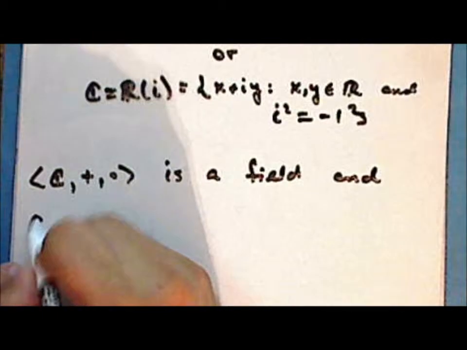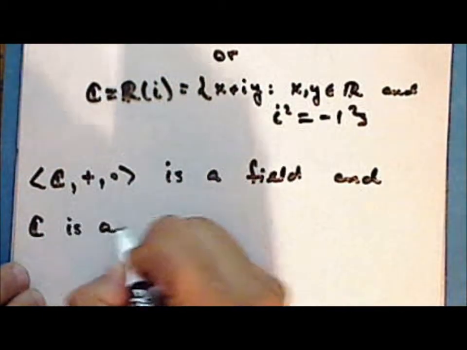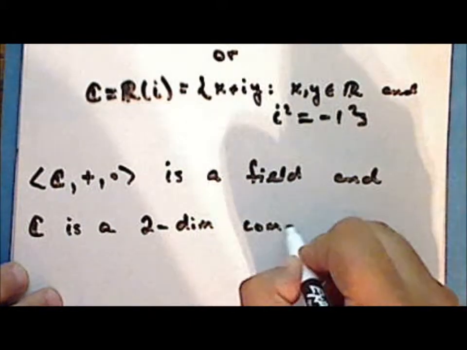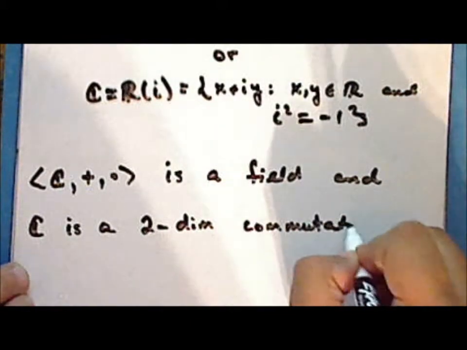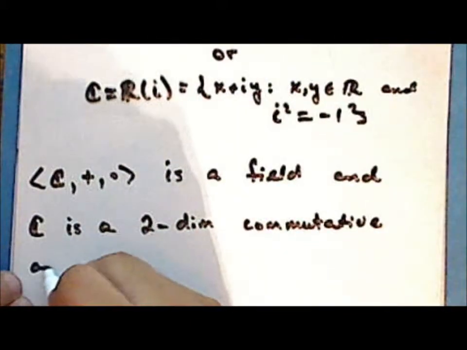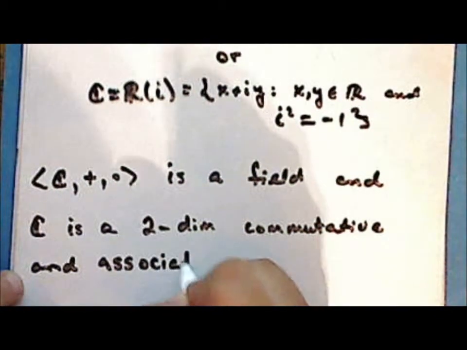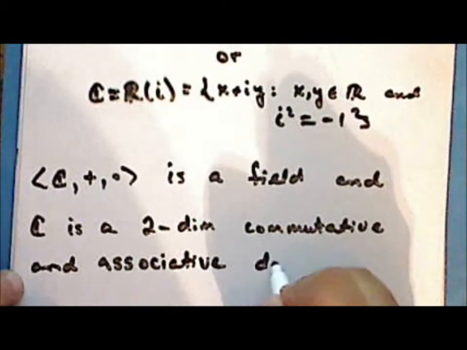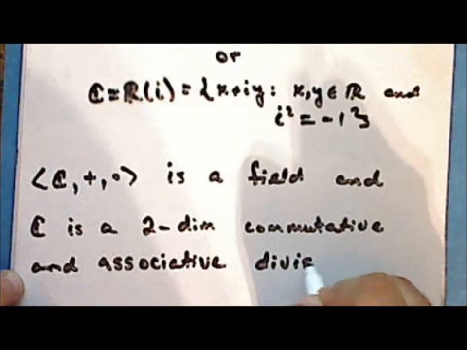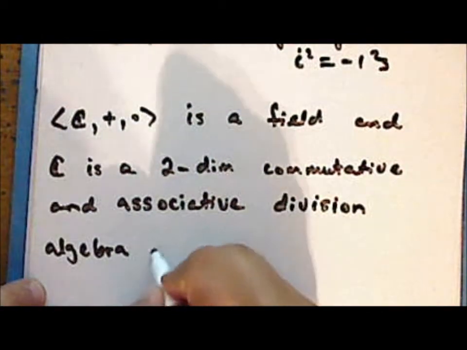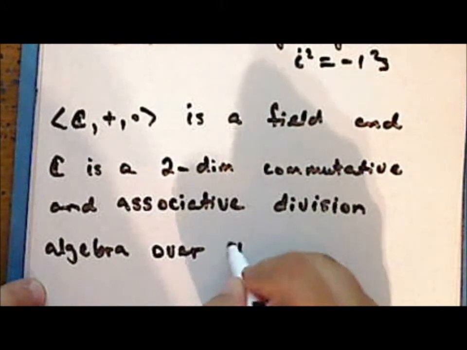And the complex numbers is a two-dimensional commutative and associative division algebra over the field of reals.